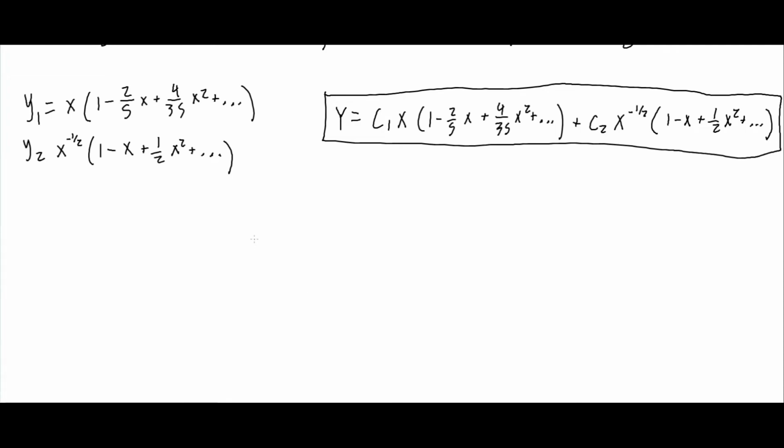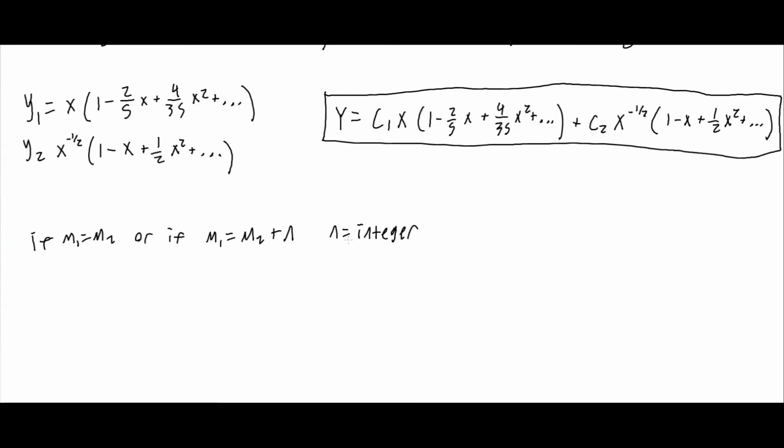So there's a little bit of difficulty when it comes to the Frobenius method too, and that is that if m1 equals m2, or if m1 equals m2 plus n, where n is equal to some integer. I think it actually has to be a positive integer, but I don't remember offhand.